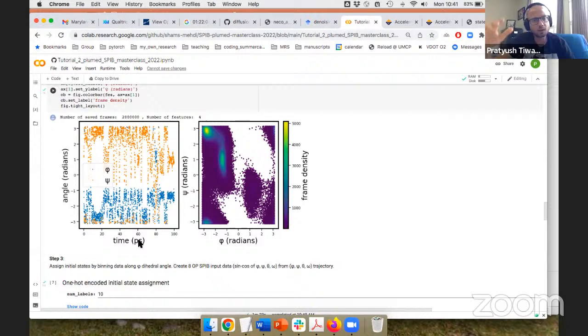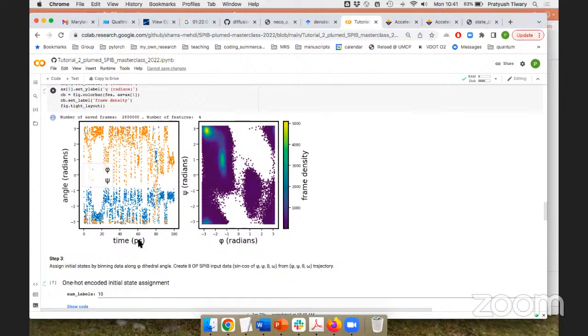But if you have a short unbiased trajectory, and Shams can correct me on this, you can essentially go up to 100 initial states. Is that correct, Shams? Yeah. 100 initial states means you have a 100 by 100 matrix.